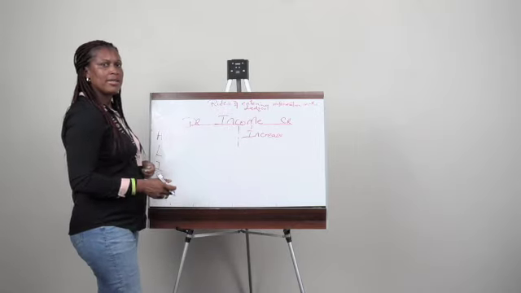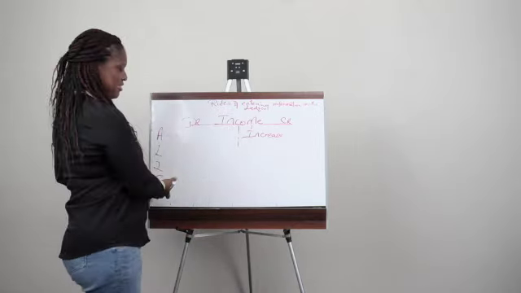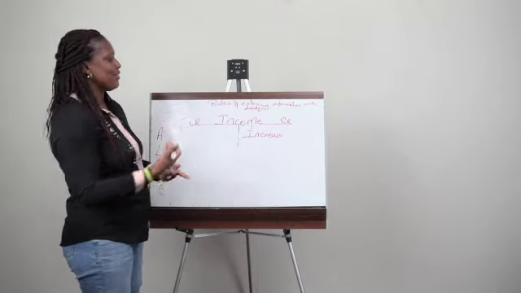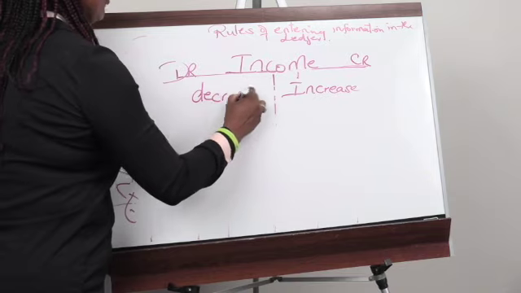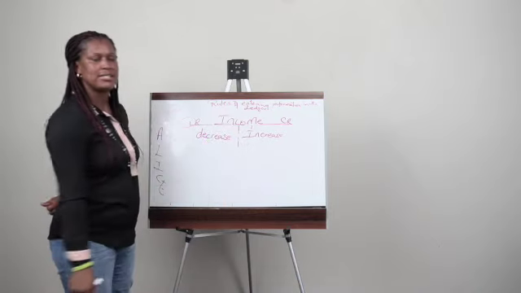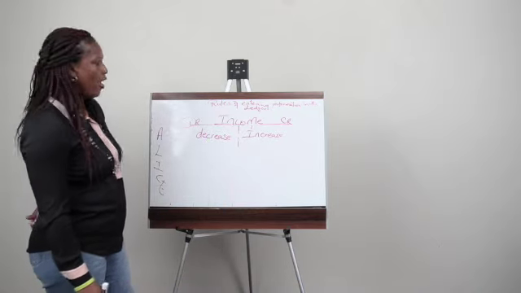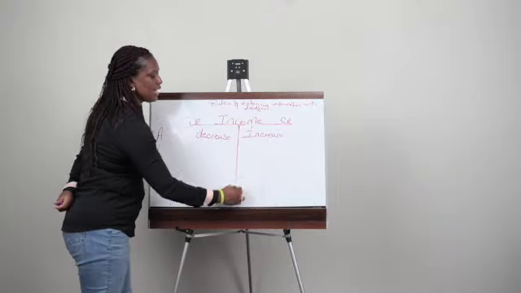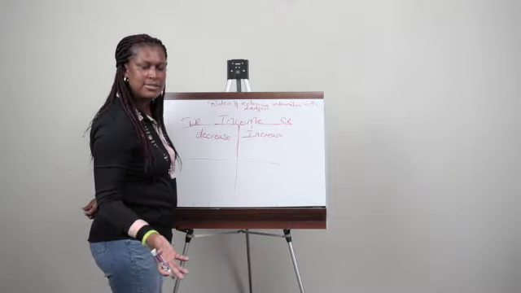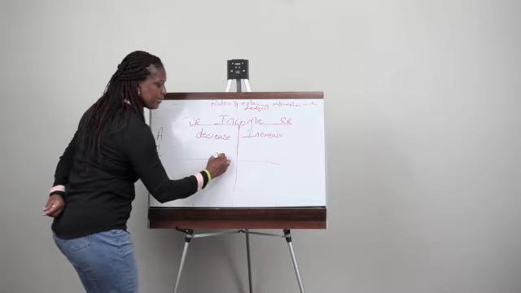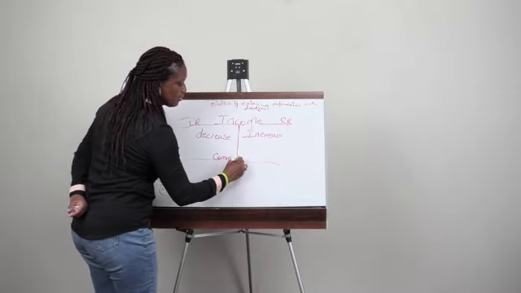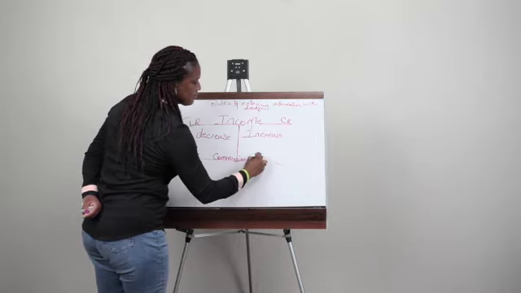Any income, any money paid out will be an expense, and to decrease the income, we will have a debit entry. Decreasing income. All right, so incomes are things like commission received, wages received, and those things. So I'll just put an example here. Let's say commission received.